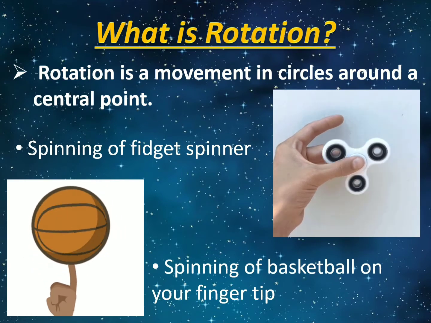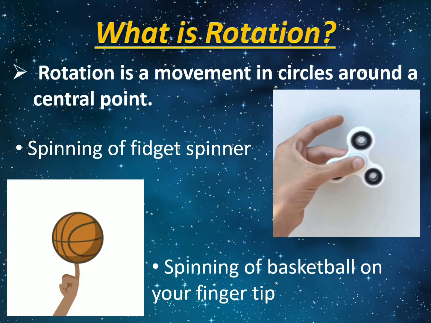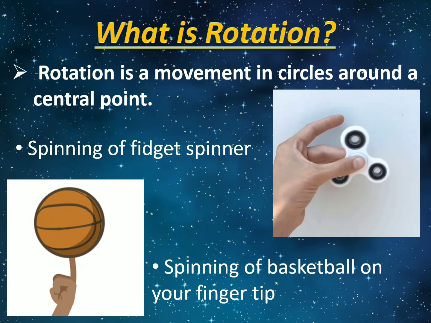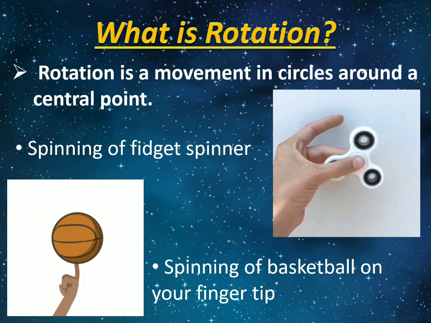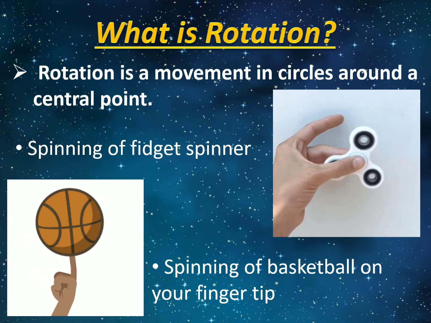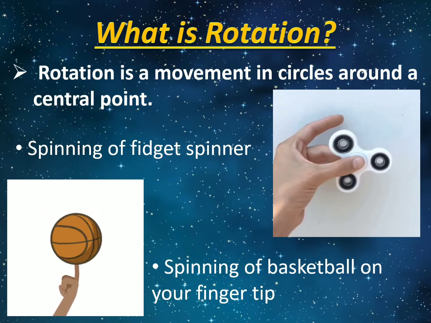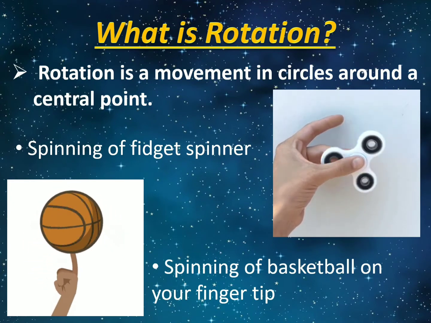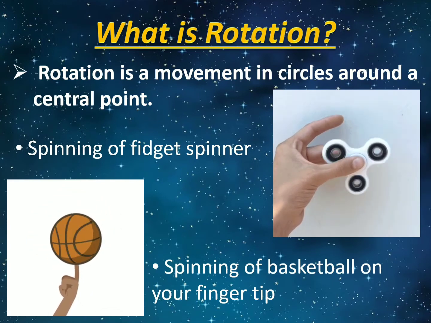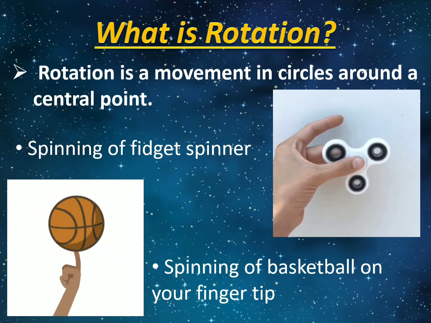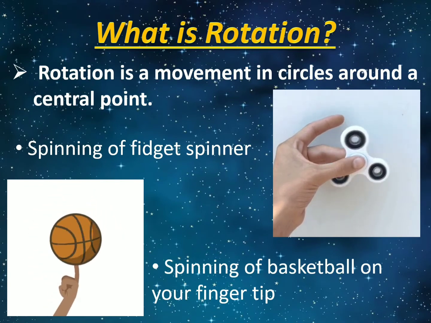The fidget spinner is moving from one central point. The whole fidget spinner is rotating. That is known as rotation. If you spin a basketball on your fingertip, it spins from one center point. Such movement, moving from the center point, is known as rotation.